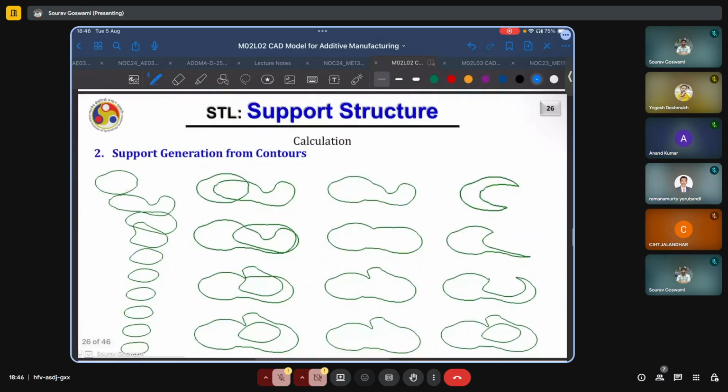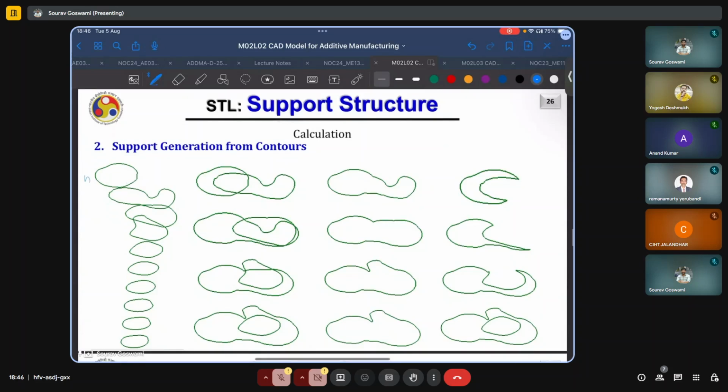But how? So we have the slices for each of the layers, say n minus 1, n minus 2, n minus 3, and so on. And here we have the union of two successive layers. So this is the union of n and n minus 1.